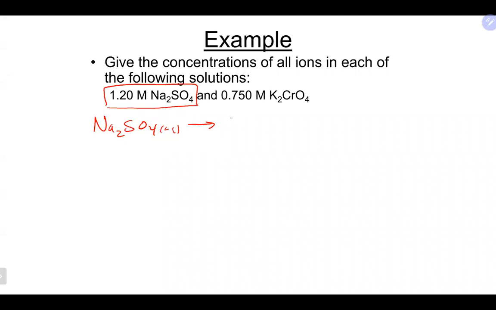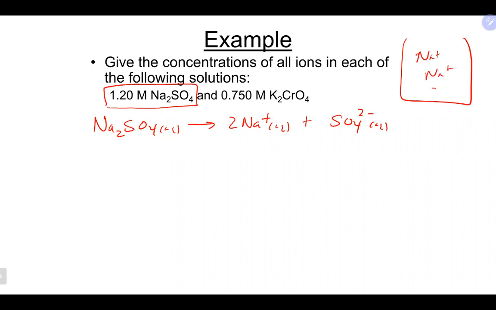What you have floating around in that solution is a couple of sodium ions and one sulfate ion. Again, you wouldn't have any of the whole units together. And not in all cases, but sometimes you may be interested in just the concentration of one of the ions or the other.